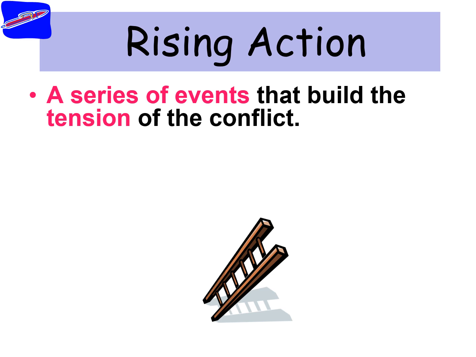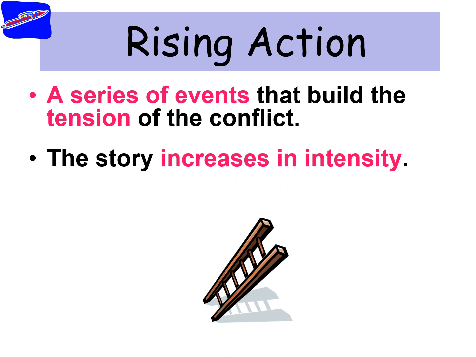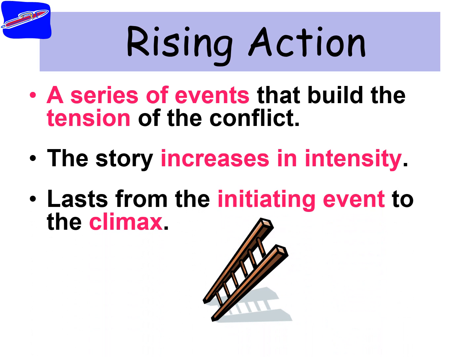Once we encounter that problem in the story after the initiating event, the problem tends to get worse, which builds more tension and more excitement. The story increases in intensity, meaning that the more you read it, the more interesting, exciting, and complicated it becomes.